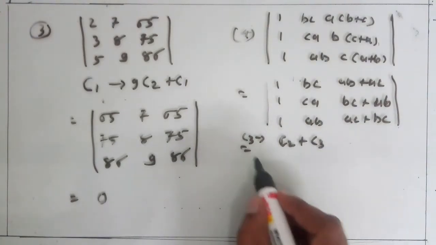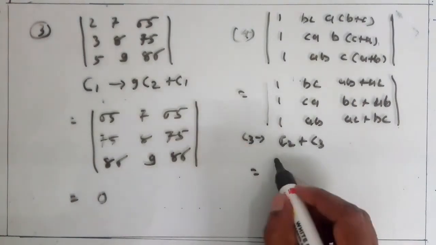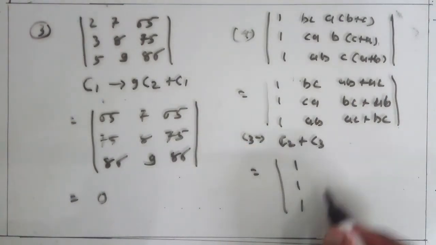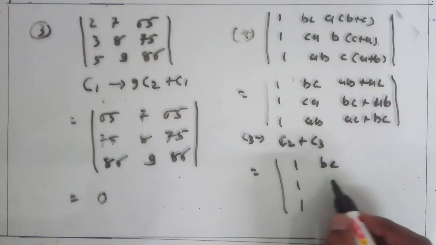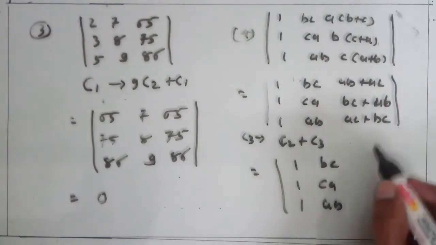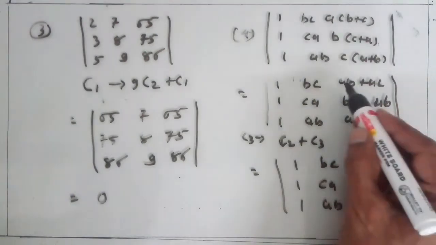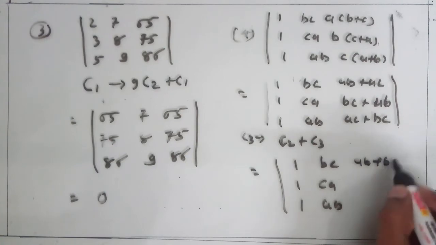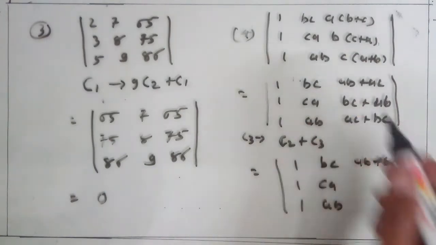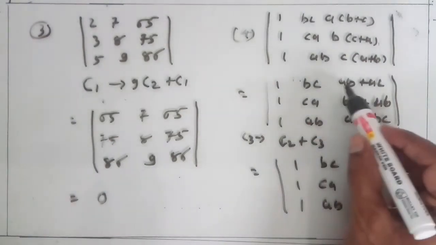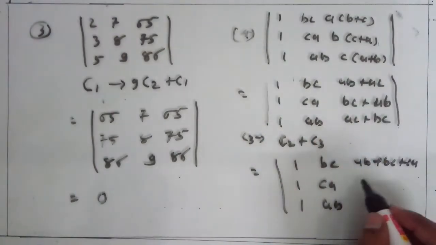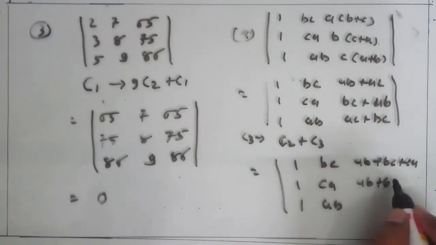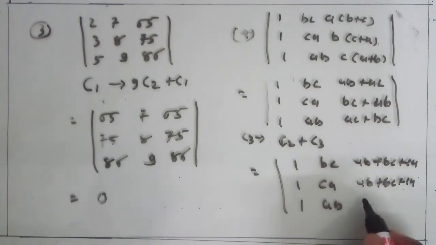Clear? So here we get 1 1 1. The second column remains the same, BC CA AB, and the last column becomes AB plus AC plus BC, or AB plus BC plus CA. Similarly, here AB plus BC plus CA, and in our last AB plus BC plus CA.